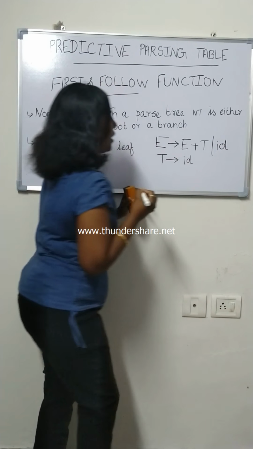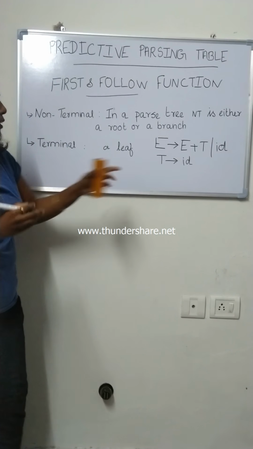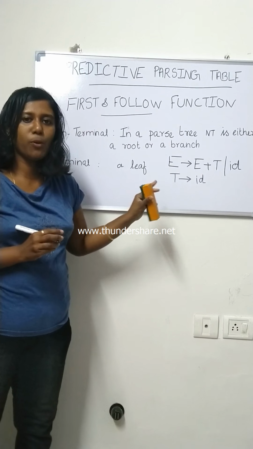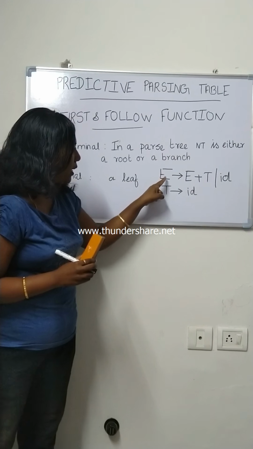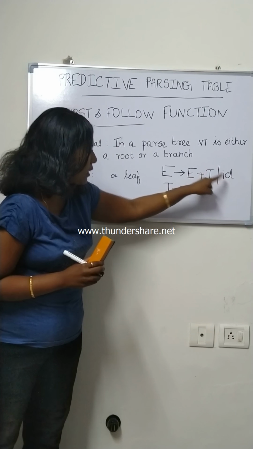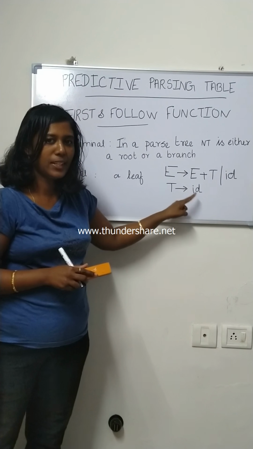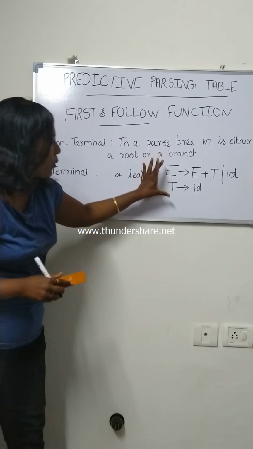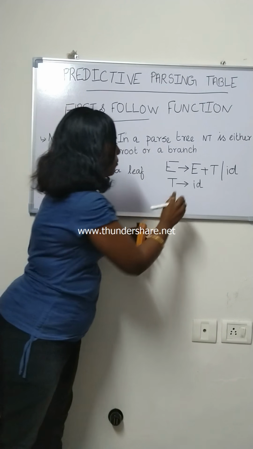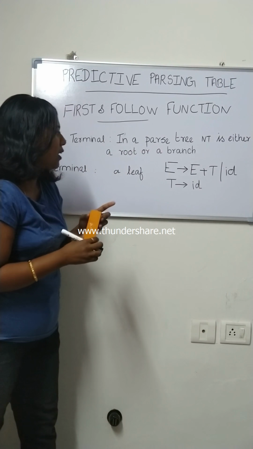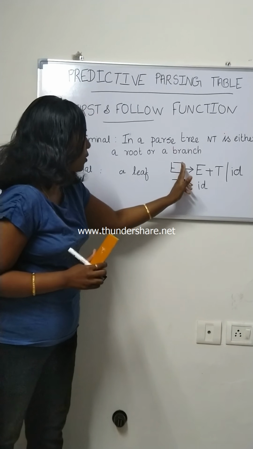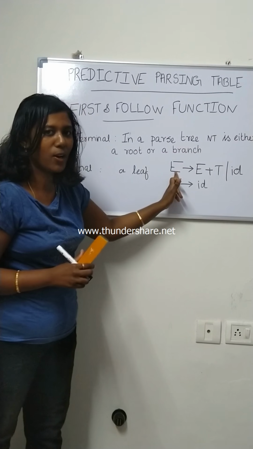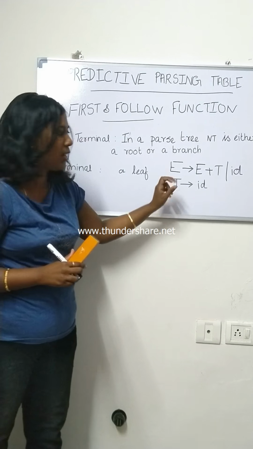In this grammar, I have three productions. The first one is E derives E plus T, the next is E derives ID, and the third one is T derives ID. Coming to non-terminals, whatever is written in capital letters, as well as whatever comes before the arrow, is a non-terminal.